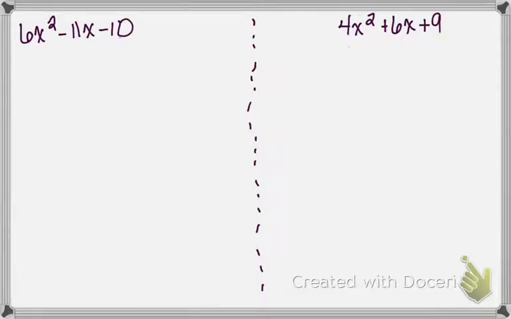What's your product? Good. What's your sum? Good. What type of numbers am I looking for? They're not both negative. One negative, one positive. Okay, keep going.